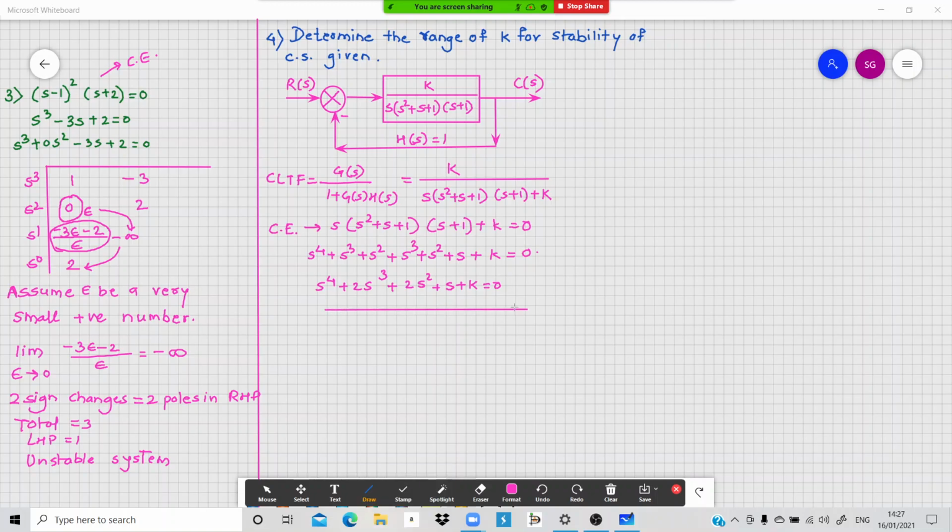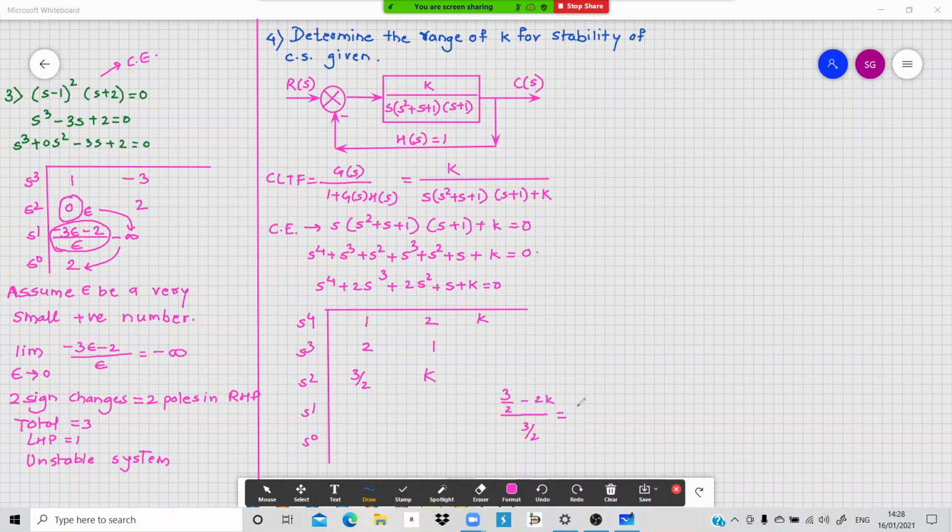So a Routh array, and the power is 4, so S raised to 4, cube, square and 0. So 1, 2, K, 2, 1. 4 minus 1 is 3, 3 by 2. 2 into K, 0, divided by 2, so K. Then 3 by 2 into K, 3 by 2 minus 2K, so I'll write it over here 3 by 2 into 1 minus 2K and divided by 3 by 2.